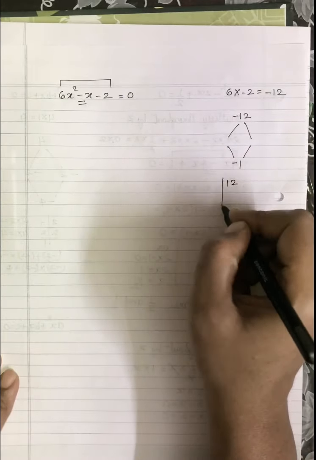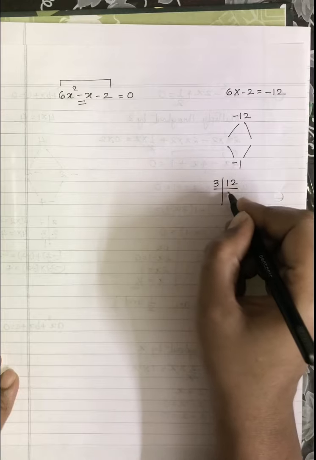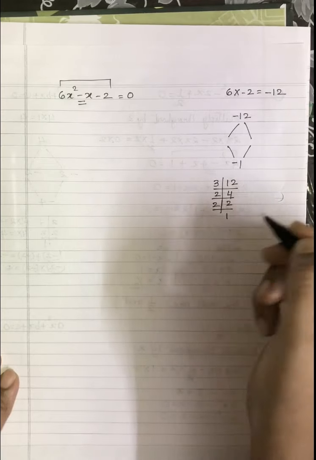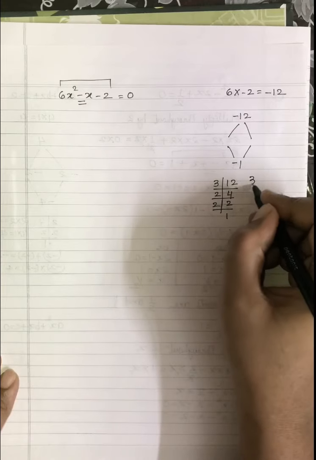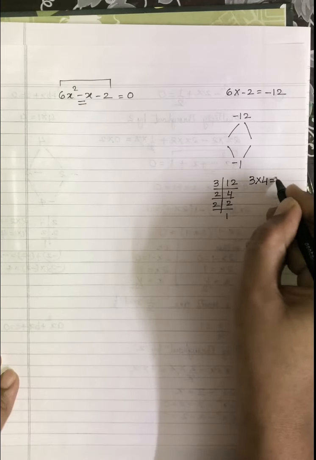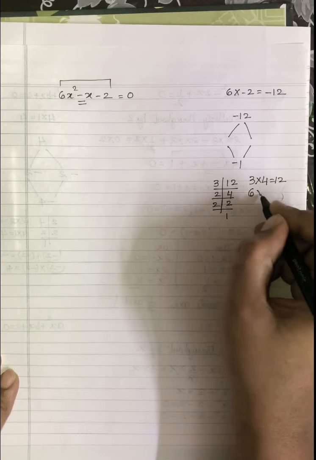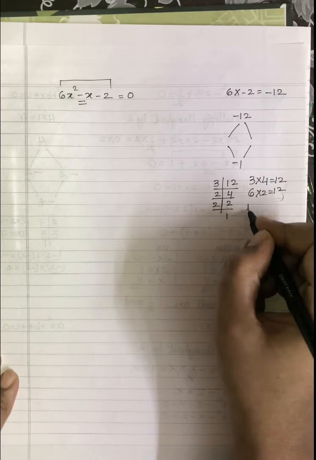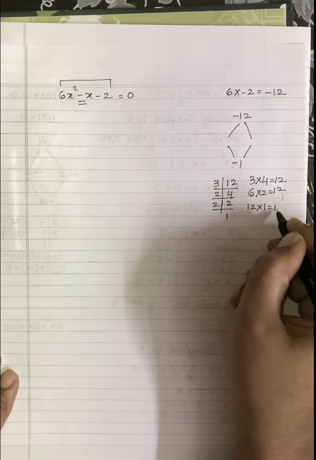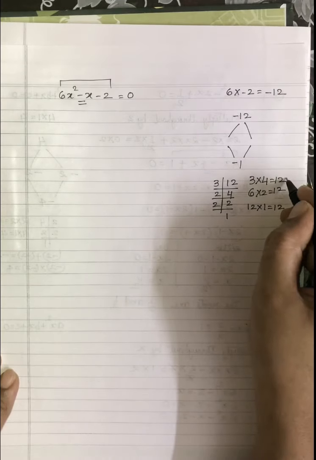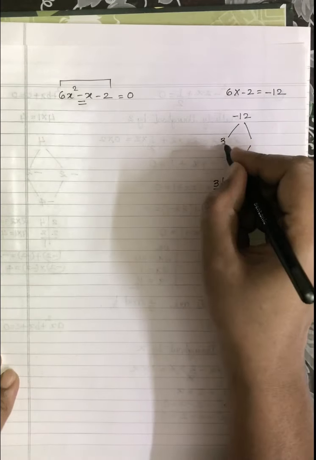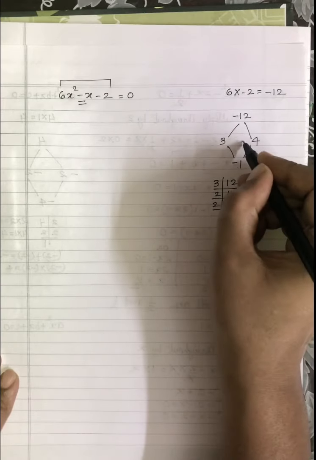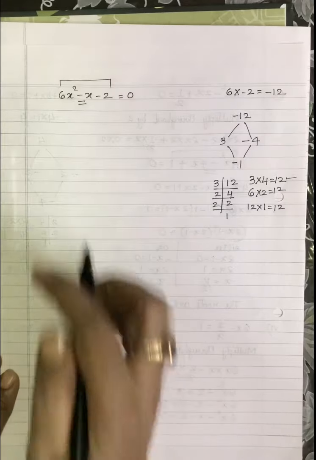Check out. 12, 3 4s are 12, 2 6s are 12 and 12 1s are 12. It can be 3 multiplied by 4, it can be 6 multiplied by 2, it can be 12 multiplied by 1. So we can have the first one 3 and 4 because the answer is negative. So bigger number will be in negative.